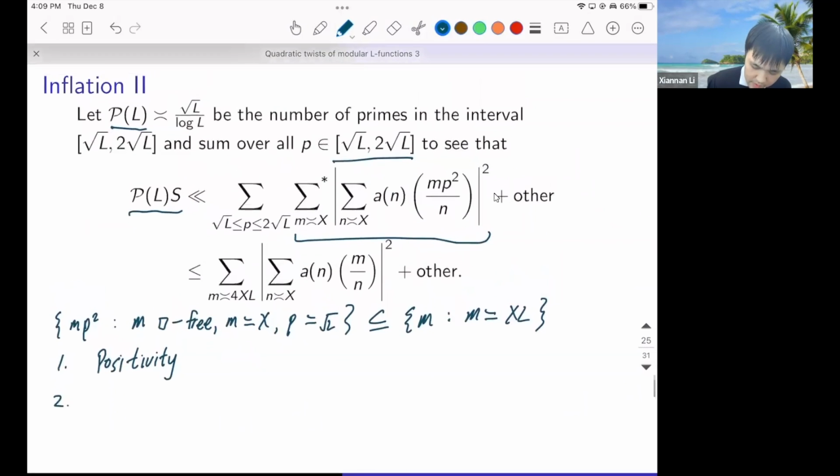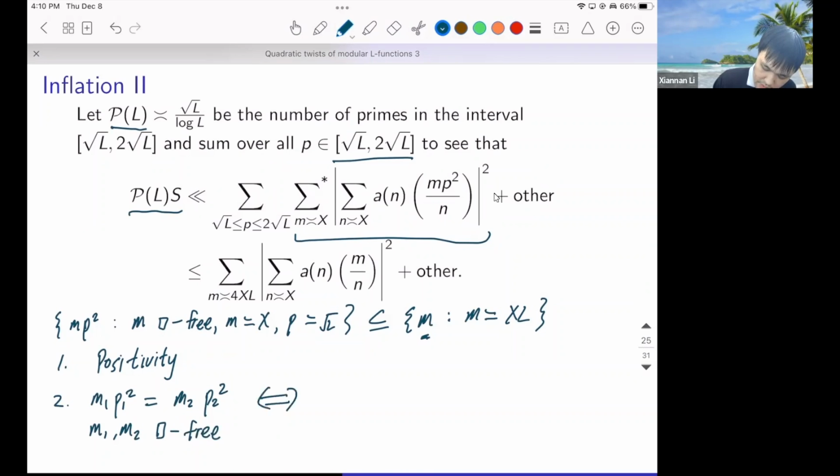And the second thing is that the number of ways of expressing m of this form, so m of size xl, in terms of mp squared, is either 0 or 1. So it's basically unique. The way that we'll put it is, if m1 p1 squared equals m2 p2 squared, and m1 and m2 are square free, this happens if and only if they're just equal, so p1 is p2 and m1 is m2.